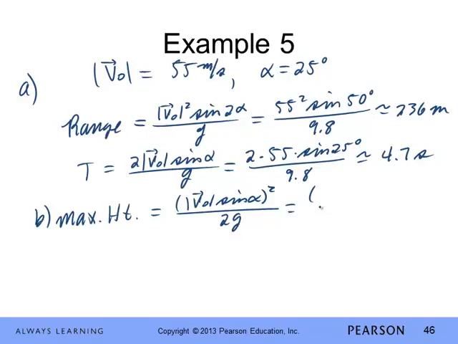Just plug in the numbers and evaluate. So you take 55 times sine of 25 degrees, square that, and then divide by 2 times 9.8. And what does that work out to? About 27.6 meters. Okay?